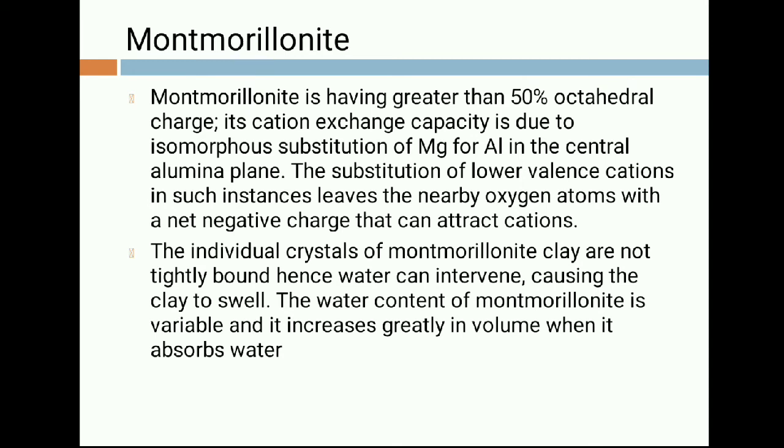In the central alumina plane, the substitution of lower valence cations leaves the nearby oxygen atoms with a net negative charge that can attract cations. Means when these magnesium ions are replacing the alumina ion from the silica sandwich layer, the possibility of attracting the positive ion increases.